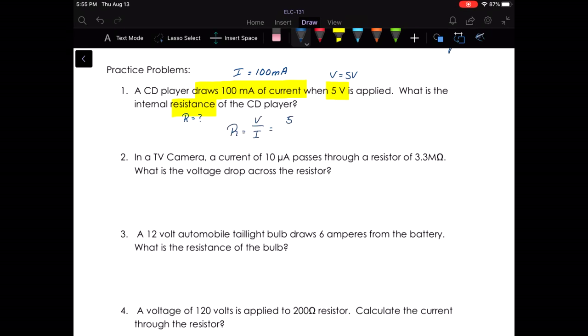So we have 5 volts that we're applying and drawing 100 milliamps. So the resistance of the CD player, remember 100 milliamps is the same thing as 0.1 amp, or 5 over 1/10, which is 50 ohms.